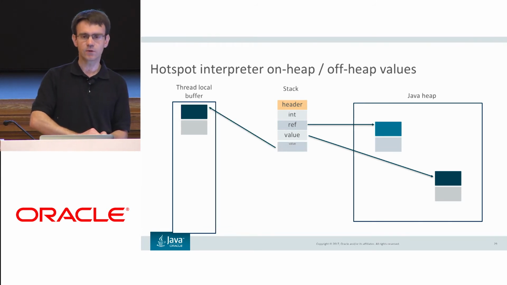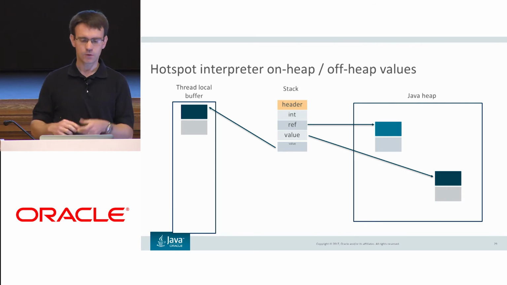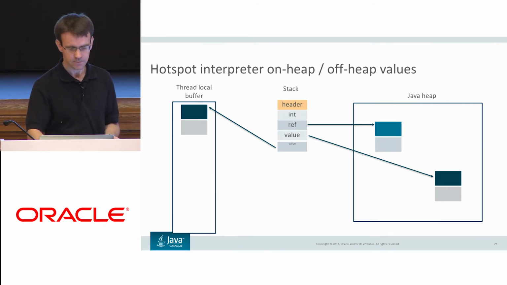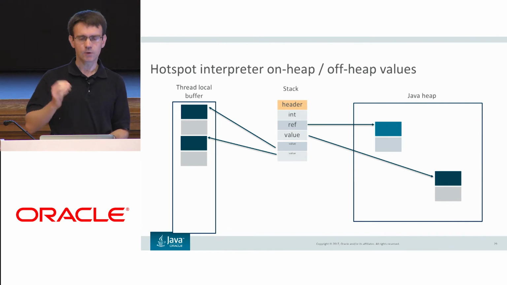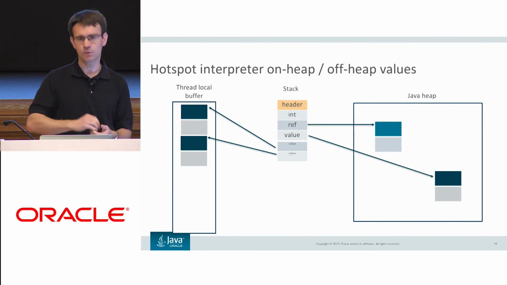Then we added a thread local buffer. So now the indirection can be either an indirection to the Java heap or to a thread local buffer. In the thread local buffer, allocations are performed just like in TLABs, by incrementing a pointer.